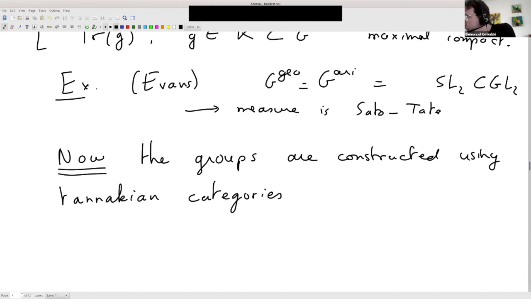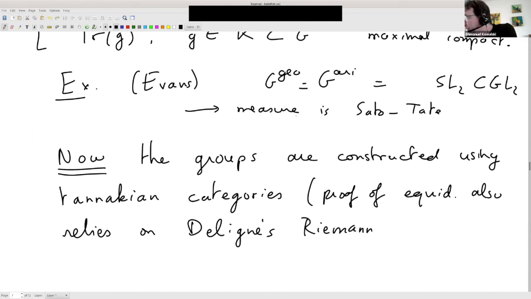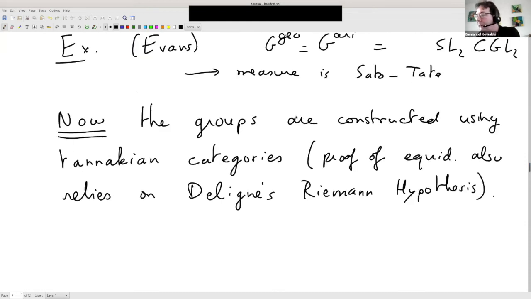I should say that the proof of the equidistribution also naturally relies on Deligne's Riemann hypothesis. So not on Deligne's equidistribution theorem, but still on the very general form of the Riemann hypothesis that Deligne proved in his second proof of the Riemann hypothesis, the same one where he proves the equidistribution theorem also as a consequence of that.